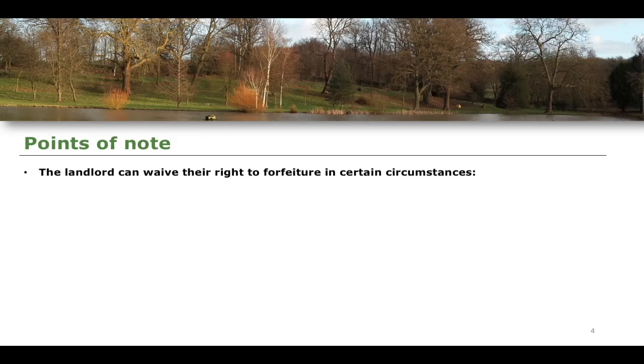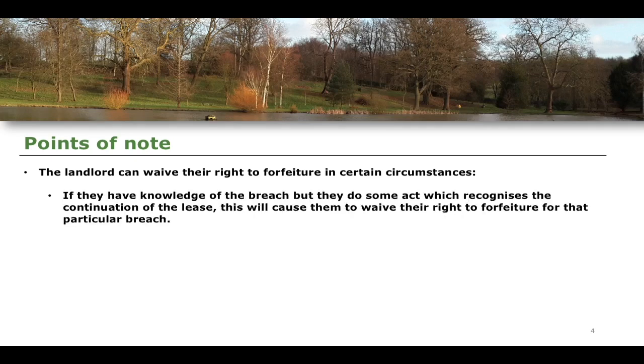A couple of points of note to begin with, then. The landlord can waive their right to forfeiture in certain circumstances, which means that if in the future they try to instigate a process of forfeiture, they will fail in that goal.